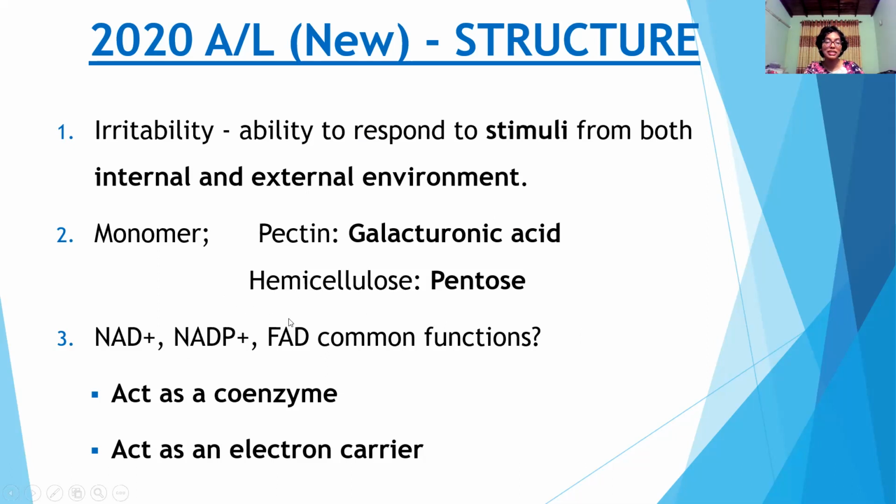You might have seen these enzymes in your respiratory function. For respiration, you need these coenzymes. And you all know that they are electron carriers. So it is very simple to answer this question.